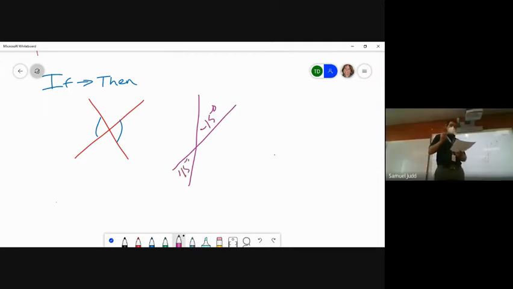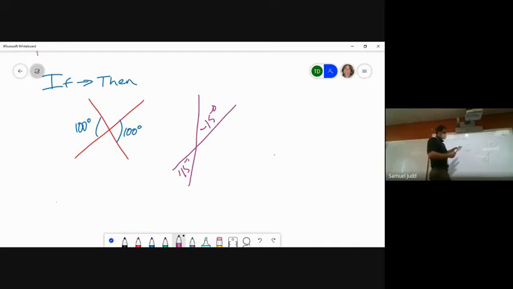Okay, so you've proven that it could be true. But if you look back at your original picture of vertical angles, this looks to be about 100 degrees. And this looks to be about 100 degrees. So it's true in some cases, but in other cases, vertical angles aren't complementary because 100 plus 100 doesn't make 90. So they're not complementary.